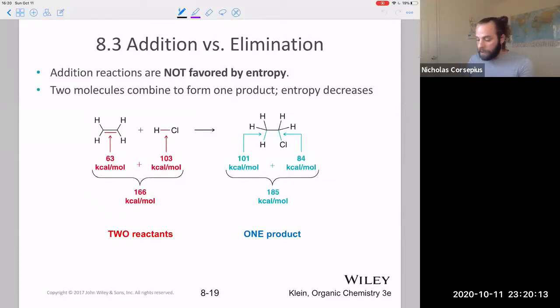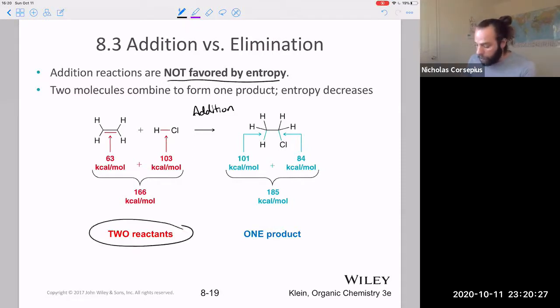When we talk about the entropy, again, this is now looking at the addition, these reactions are not entropically favorable, right? So they are not favored in terms of entropy, and that's because we're starting out with two reactants and we're only going to one product. So we lose that translational freedom that we would get by having those two separate molecules, right?